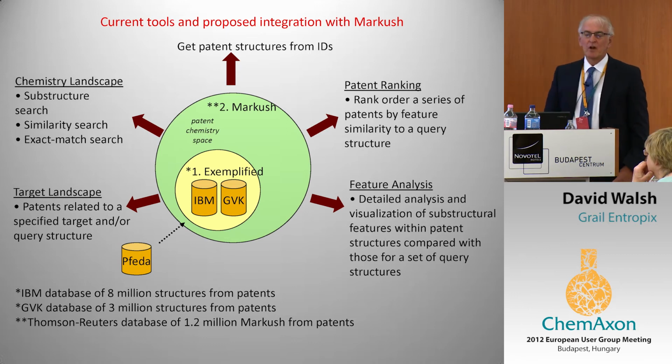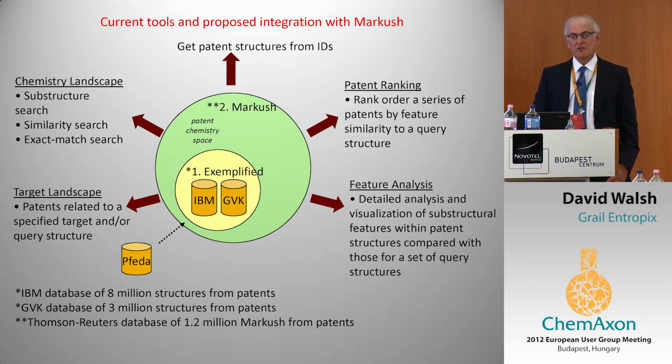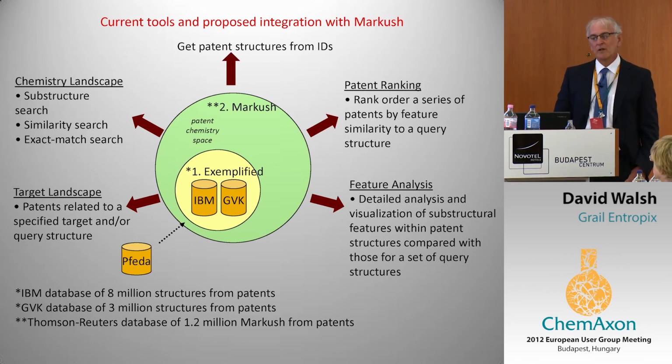So in this slide we get that description that, as mentioned in the last presentation, the Markush space is a much larger environment than the exemplified molecules space. We also have the PFEDA, which is the Pfizer registry system, and how that interacts with the data generated from the text mining and curated analysis of GVK.